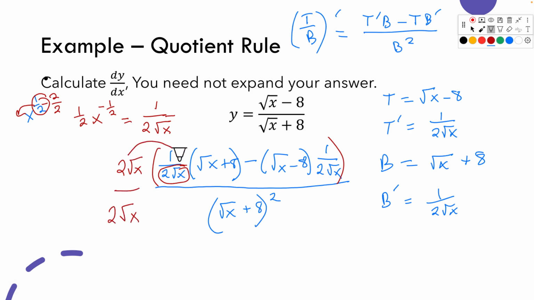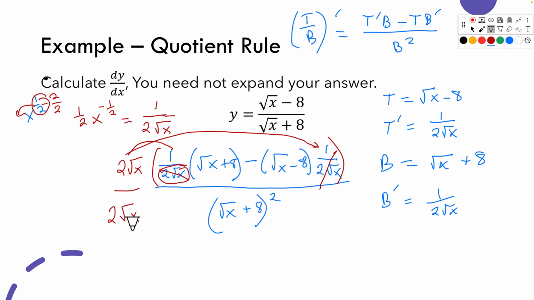And when I multiply these two, what happens? 2 square root of x divided by 2 square root of x, that's 1. When I distribute it over to this side, 2 square root of x divided by 2 square root of x, that's 1. So it leaves the top looking really nice. I just get square root of x plus 8 minus square root of x minus 8.